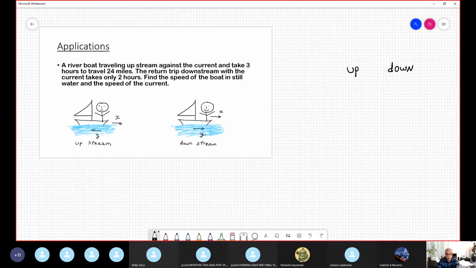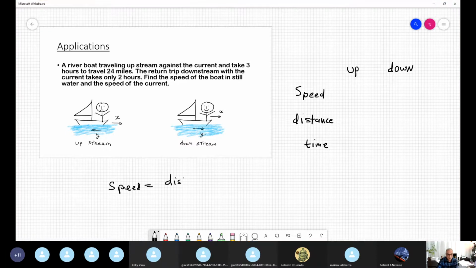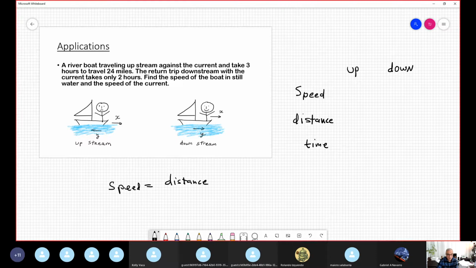So you have three quantities to analyze this case: speed, distance, and time. And the connection, the formula between these quantities, from physics, is speed is distance divided by time.